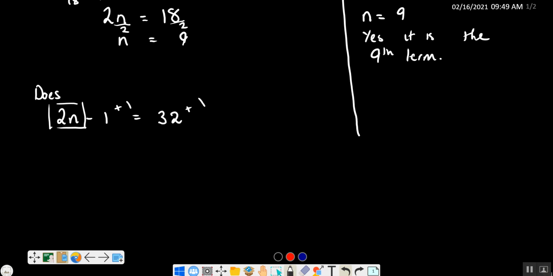So 2n must be equal to 33. Then n would have to be 33 divided by 2, and I get n equals 16.5.